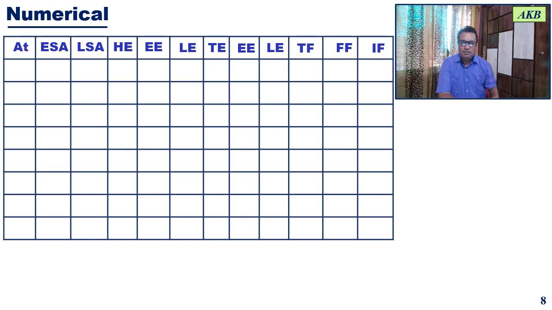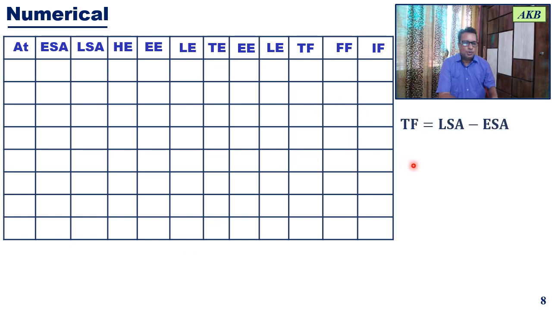Then we will be noting down the head event for each of the activities. And for all those head events we will be writing earliest event time and latest event time. Then we will be listing all tail events for the activity written over here, and for those again we will be listing earliest event time and latest event time. So from all this information we will be calculating total float, free float, and finally independent float.